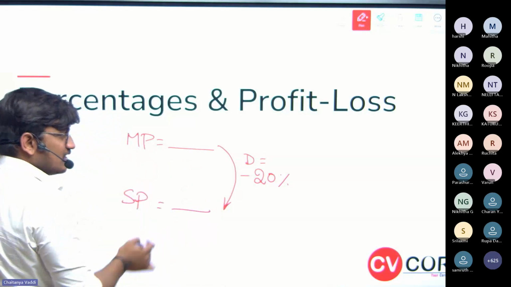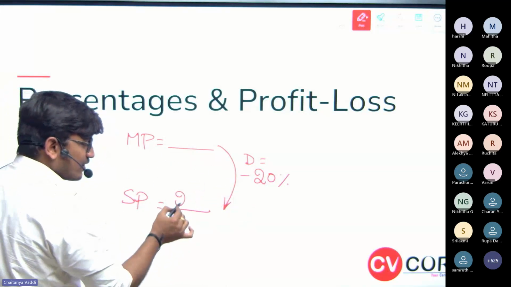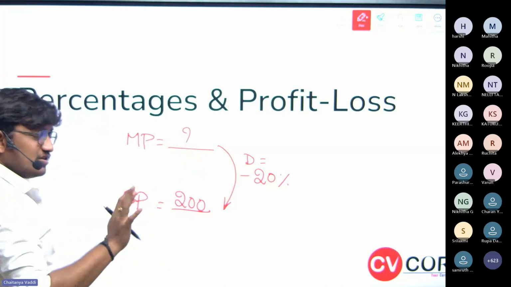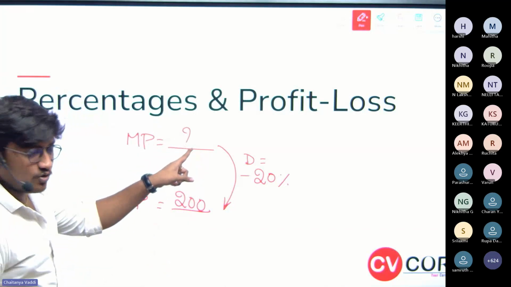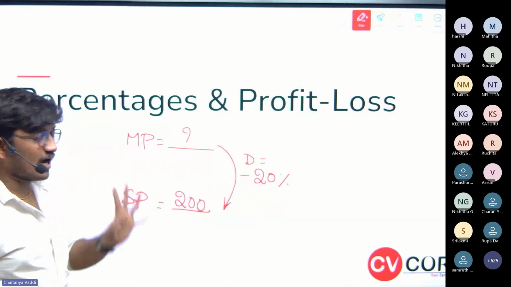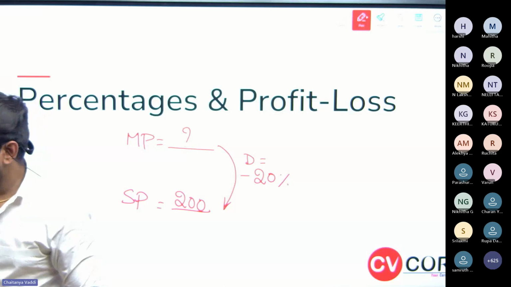From market price, if you give a discount of 20%, you will get a selling price. Now the selling price is 200. Can you guess what the market price will be? Simple logic: from which value, if you remove 20%, you will get 200? Try it and post your answers in the chat box.